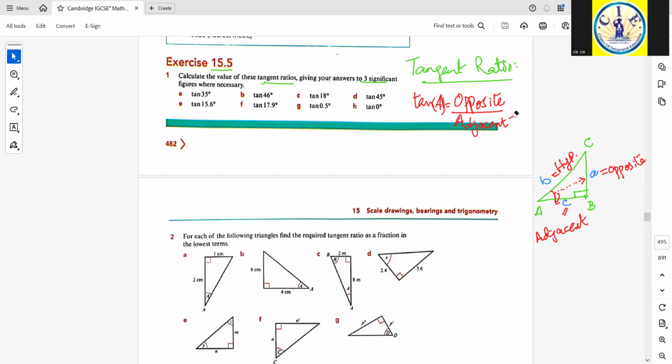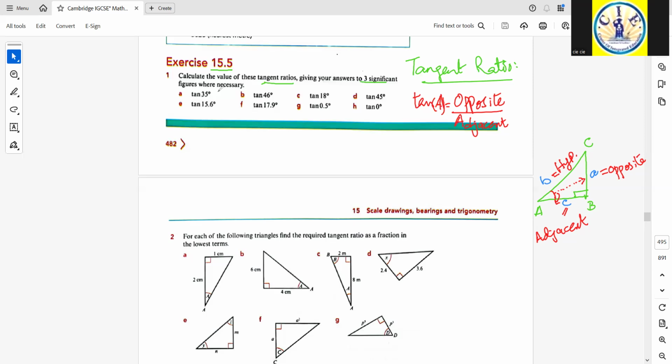Now, for question number 1, this is actually the matter of using the calculator. So we need to calculate tangent of 35 using the calculator if it is in degrees.